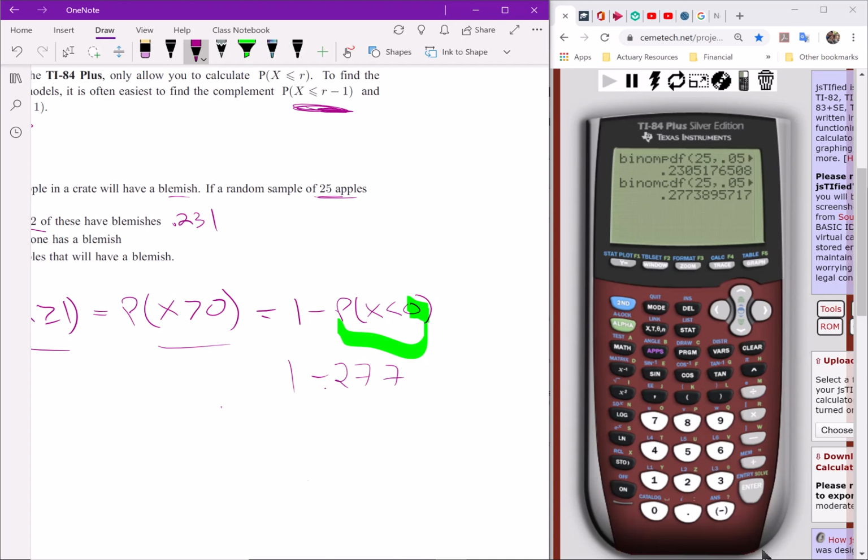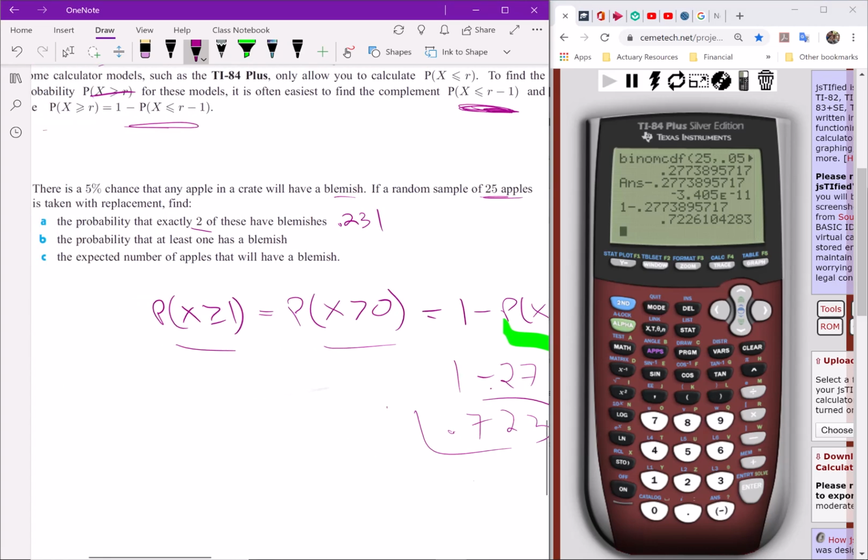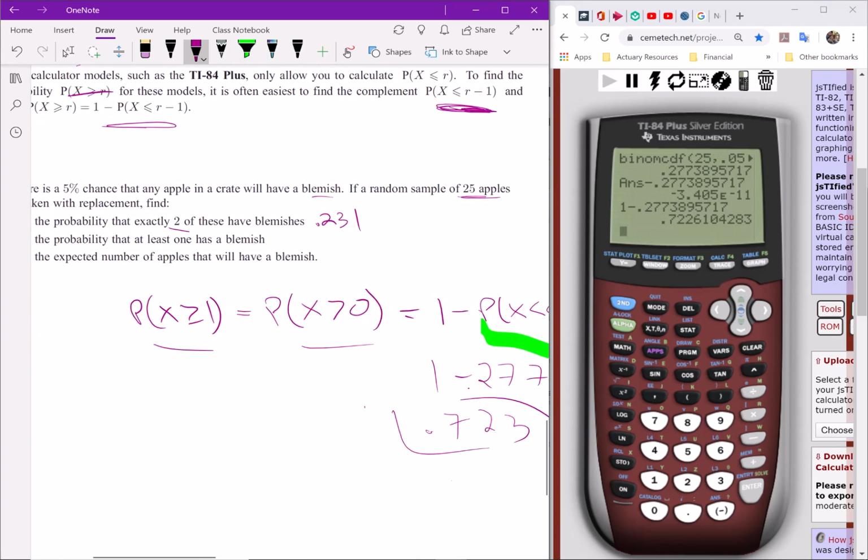So we're going to do 1 minus that, which is 0.723.